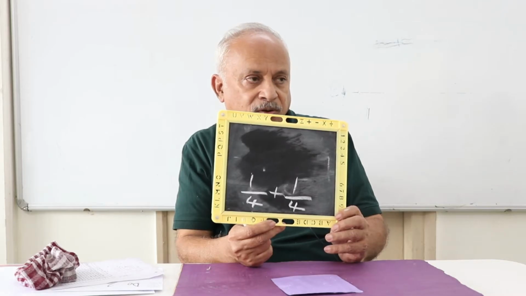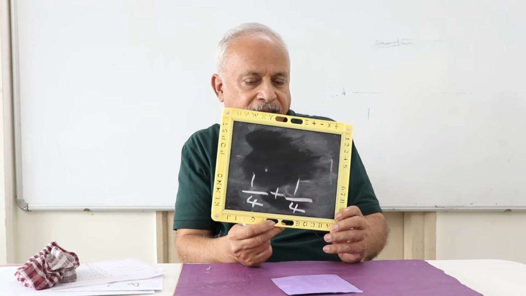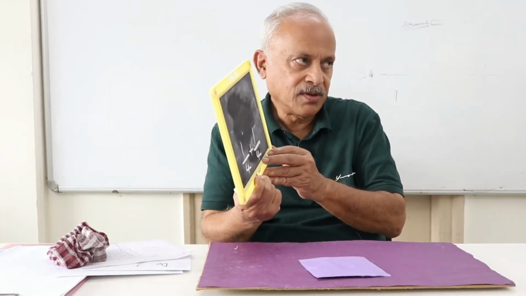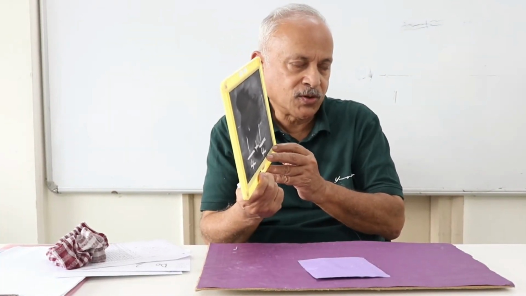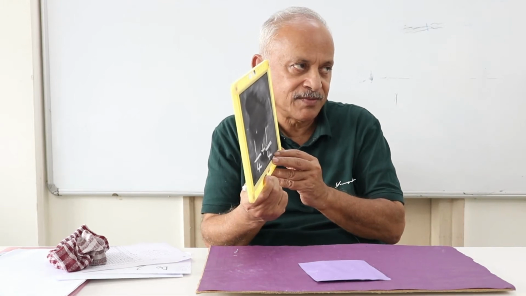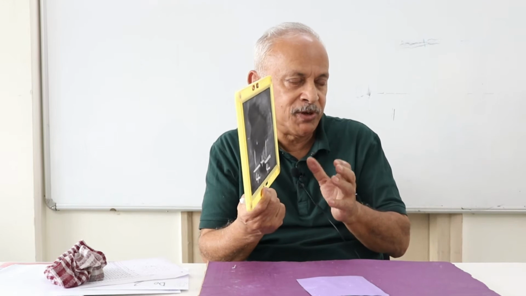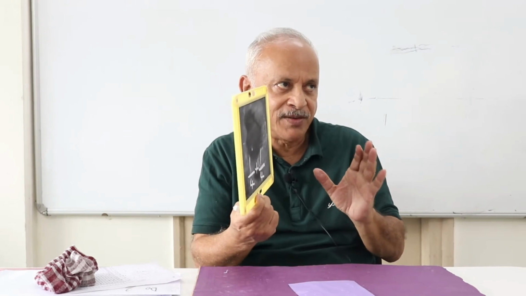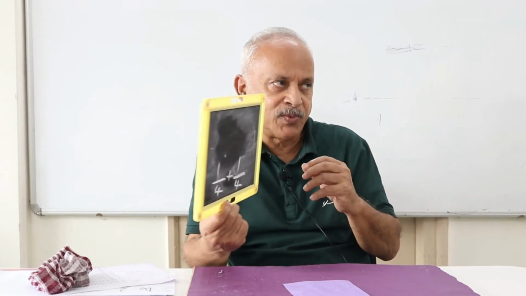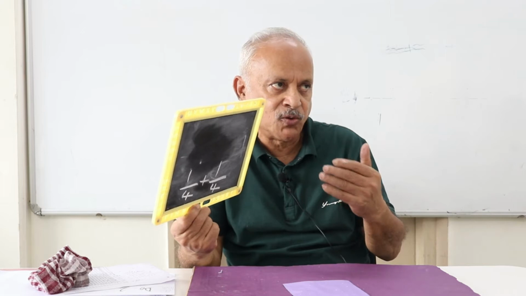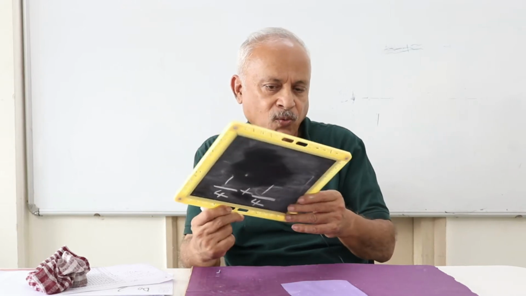Okay, keep this right. And this is the long form. What is the short form of this? 2 by 4. So 2 by 4 means how many pieces of what? 2 pieces of 1 by 4. Okay. So we have to remember the language that we are using. 2 by 4 means 2 pieces of 1 by 4.